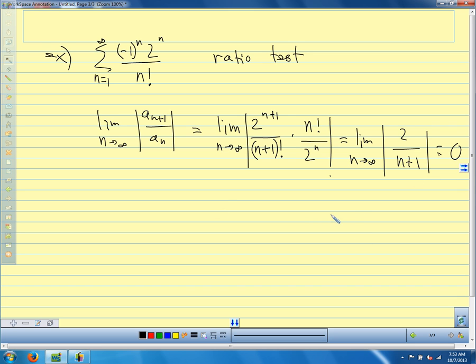So the series converges. And the ratio test guarantees absolute convergence. That's a nice thing as well. So questions on that example?